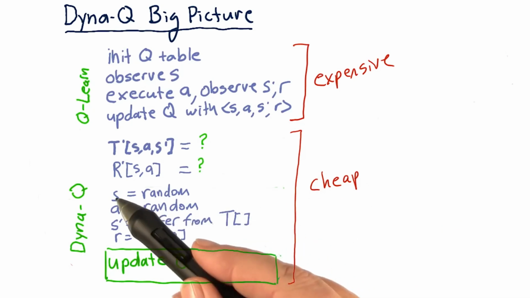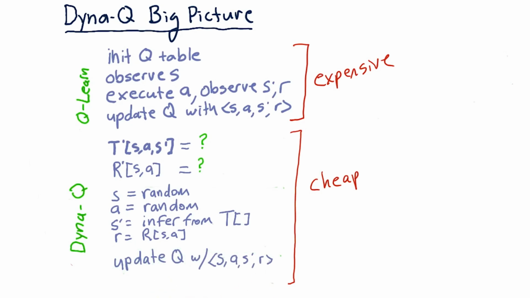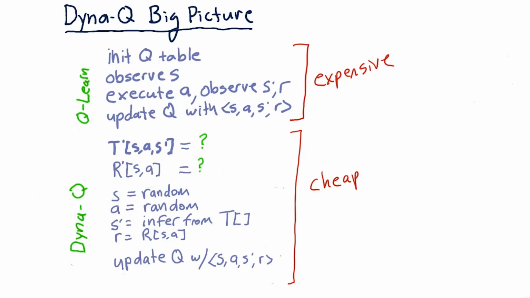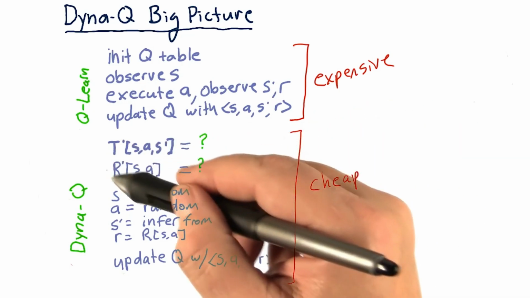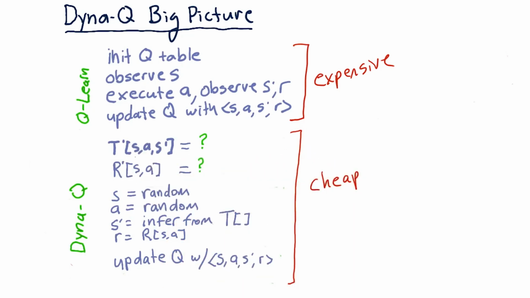Now we've got S, A, S prime, and R, a complete experience tuple, and we can update our Q table using that. The Q table update is our final step, and this is really all there is to DynaQ. We've added these three sections, and what's missing, which I'll get to in just a moment, is how we update our model of T and our model of R.